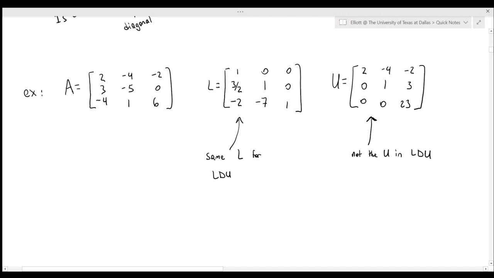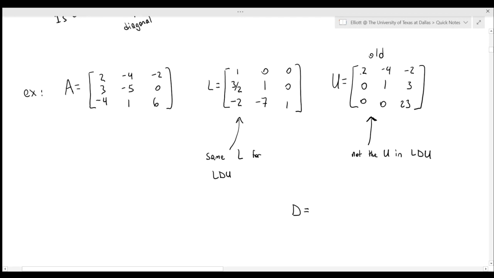But instead, what you're going to do is take this upper triangular matrix from the LU factorization, which I'm just going to leave as the old U, because we're going to get a new one for the LDU.